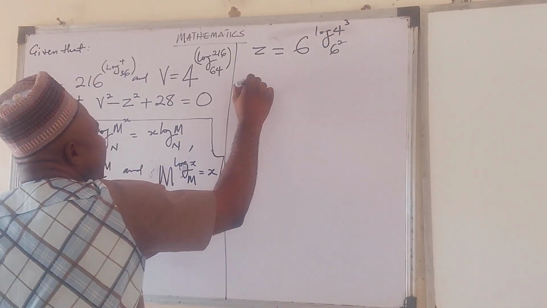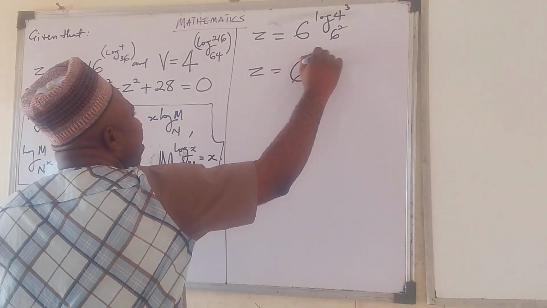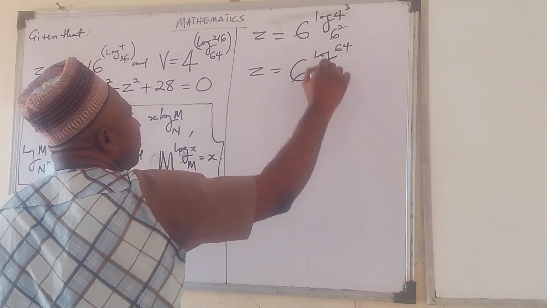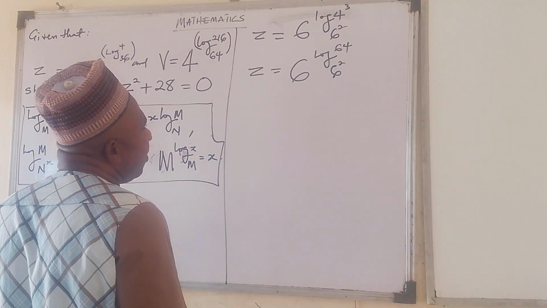This is the same as saying z is equal to 6 raised to the power of log 64 base 6 raised to the power of 2.